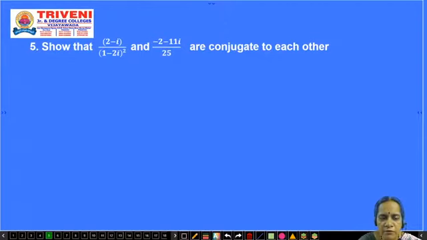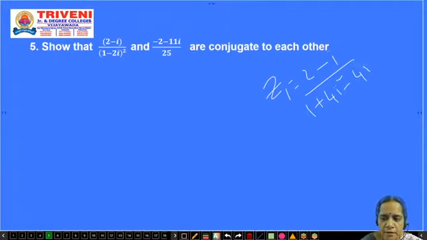(a minus b) whole square means a square plus b square minus 2ab. So Z1 is equal to 2 minus i by 1 square, that is 1, plus b square, where b square means (2i) whole square, that is 4i square, minus 2ab. 2 into 1 into 2i is 4i.